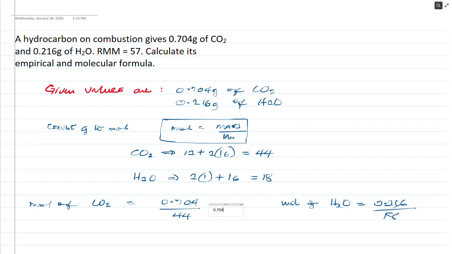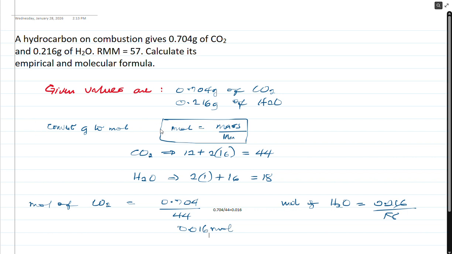So if you press the calculator, 0.704 divided by 44 equals 0.016 mole of carbon dioxide.